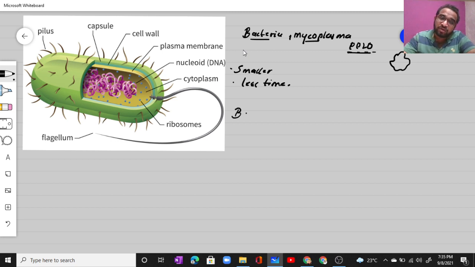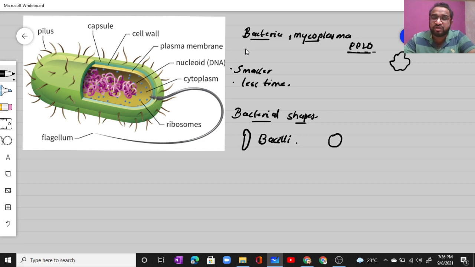When we talk about bacterial shapes, there are some basic shapes which we should remember. Some bacterial cells are present in the form of rods, which are called bacilli. A single bacterium is called a bacillus. Then some bacteria may be spherical in shape. These are called cocci, or coccus.